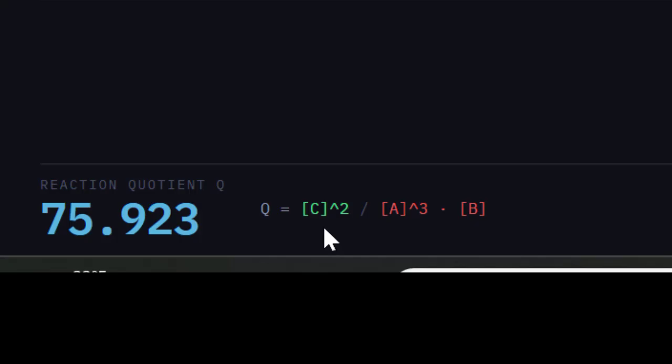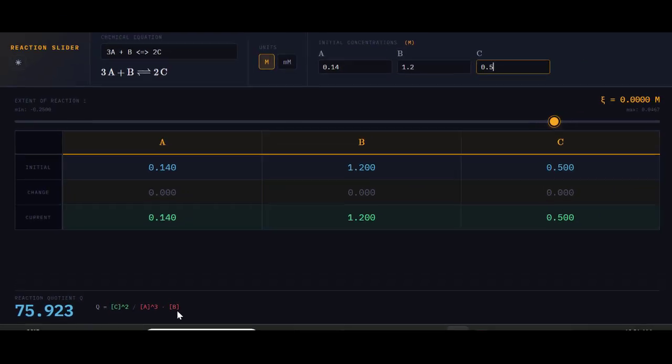Here is abbreviated the formula, so you have to square the 0.5 and then you divide it, and I wish they had parentheses around it, and maybe I can fix that later. But you have to take the concentration of A and cube it times the concentration of B. So that's a quick way to check it.